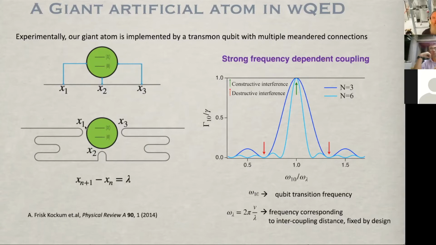The individual interaction in this case is small, and then you have multiple of these small interactions spread out. So when you say the dipole approximation breaks down, you mean overall the effective coupling? Yes, exactly.